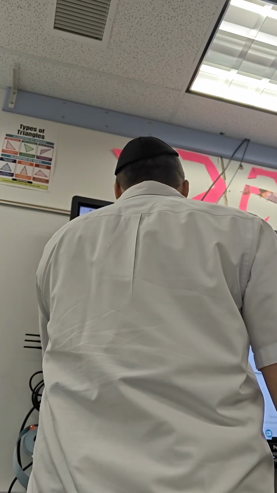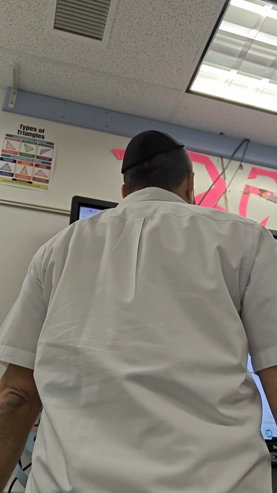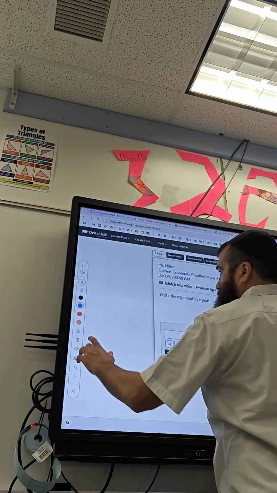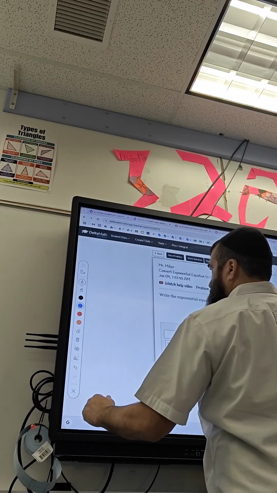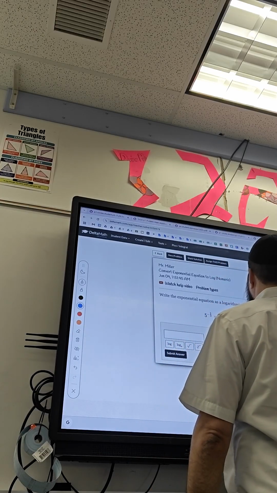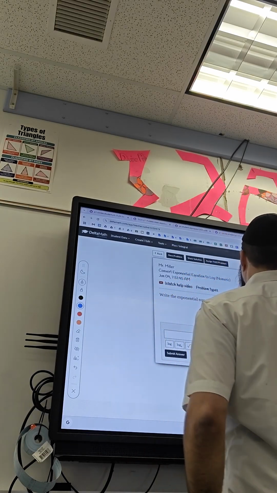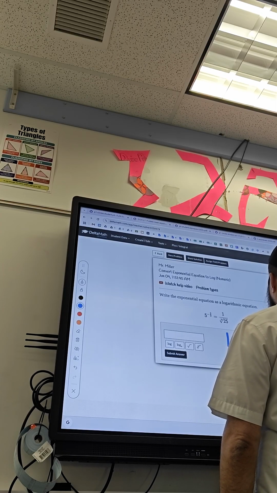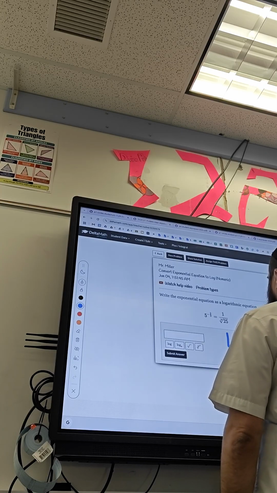So what are we doing with this? Write the exponential equation as a log equation. So we could write this as a log, log base 5 equals -2/3.